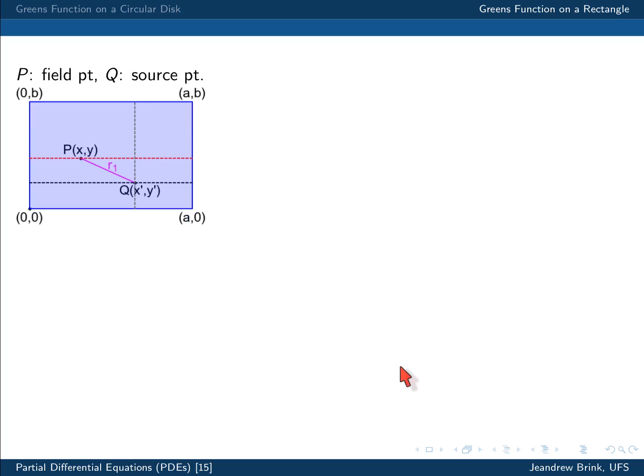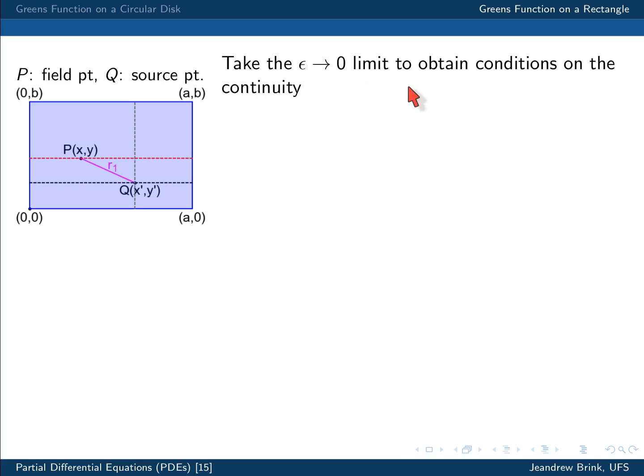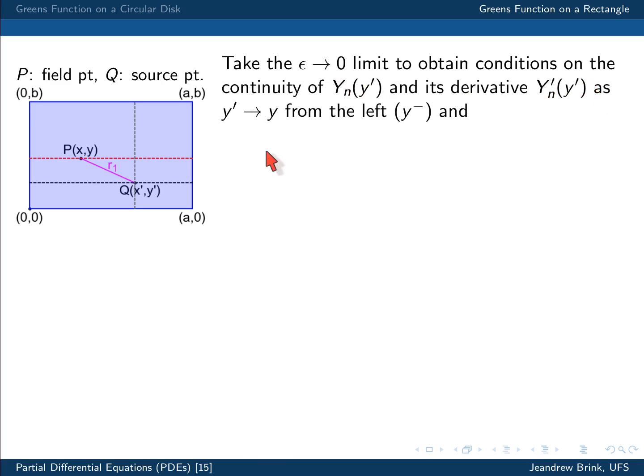Right. So basically, as I've said, the limit of epsilon goes to 0 allows us to fix the conditions of the continuity of the function in our expansion yn of y prime and its derivative yn prime of y prime at y prime equal to 0. And just to summarize what I've already said, we call the limit from the left what happens at y minus, and the limit from the right what happens at y plus.